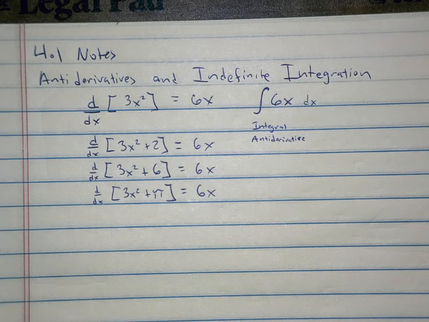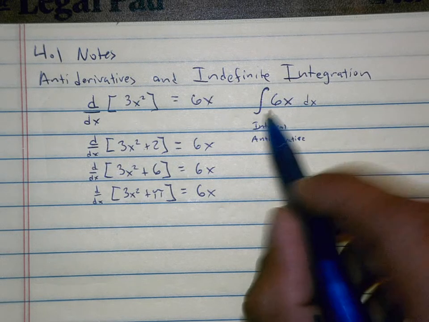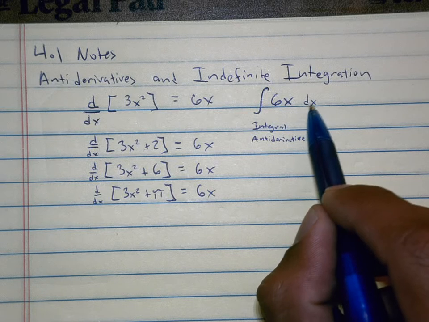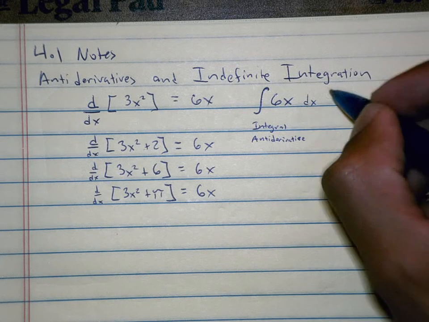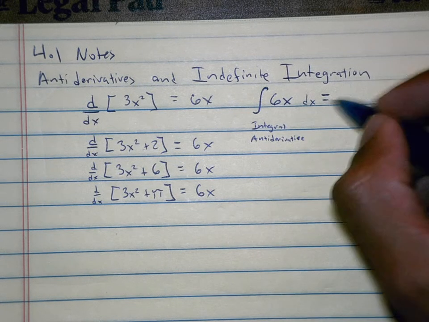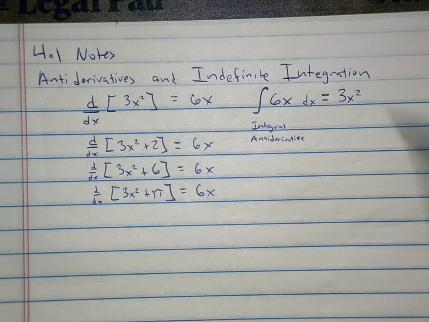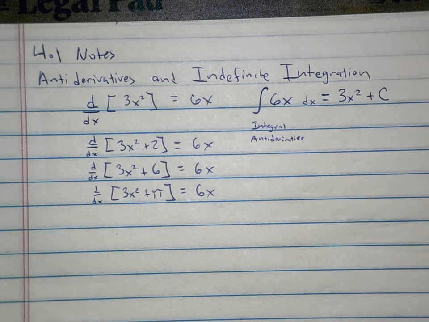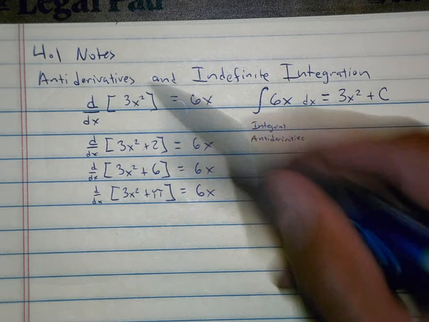That's why there's this extra dx in it. If I were to take the integral of 6x with respect to x, that's how I would say it, it would be 3x squared plus some constant. Some number that we don't really know because it could be any of these things.